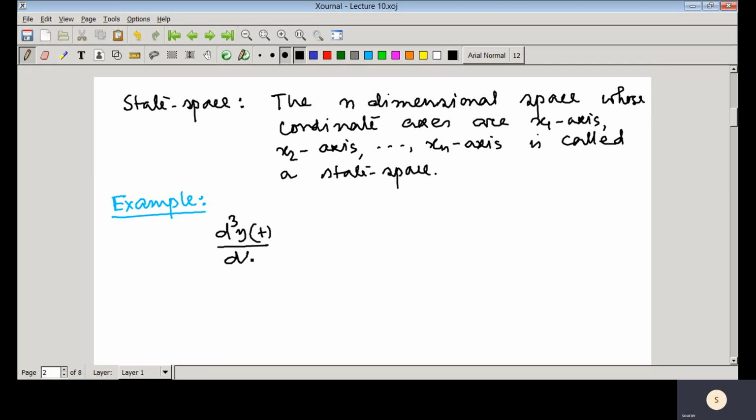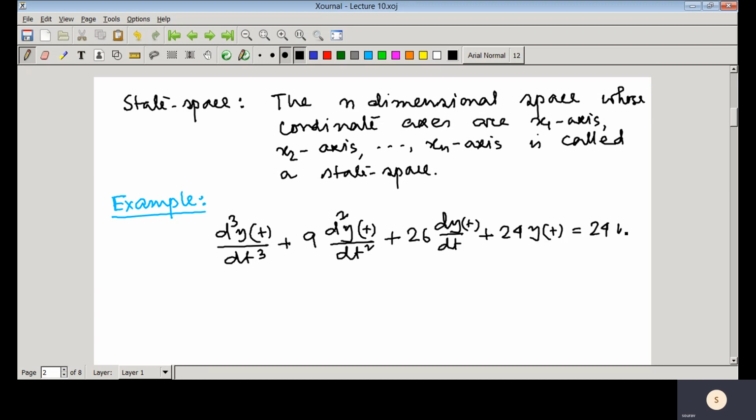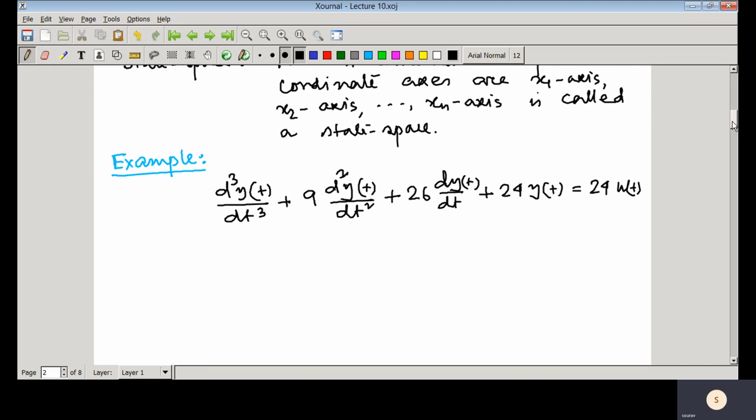So suppose a dynamical system is represented by this dynamical system, where input is u(t) and output is y(t), which is defined as suppose x1(t).